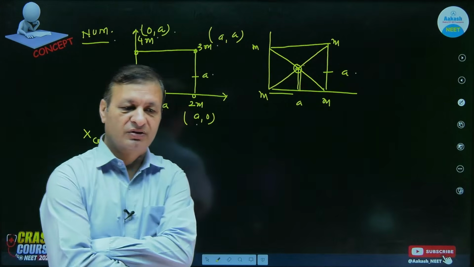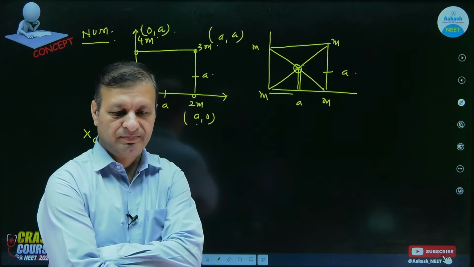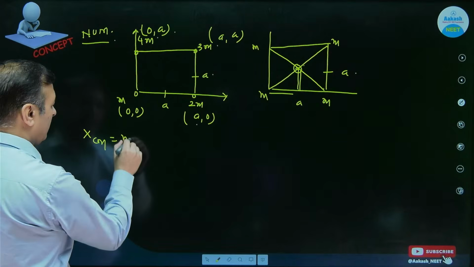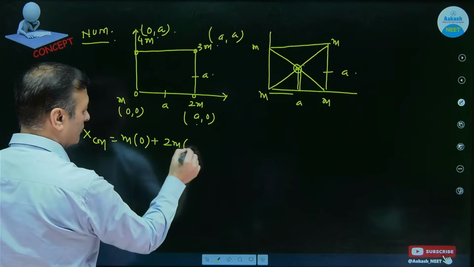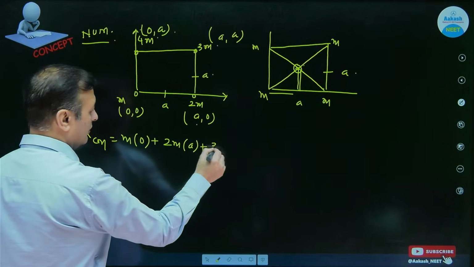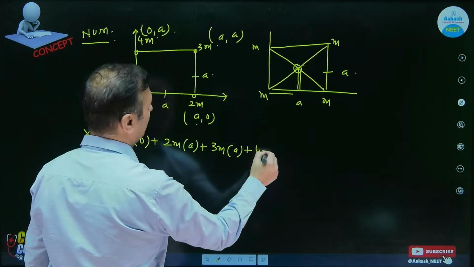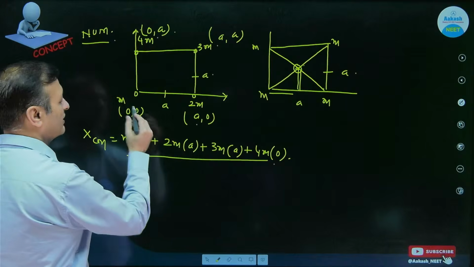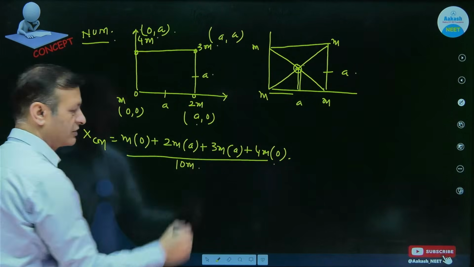Yes, Aditi, good Sharan. Okay, so this is m1 x1, m2 x2, m3 x3 and m4 x4 by total mass, and total mass is 3 plus 3 plus. So this is the x coordinate.